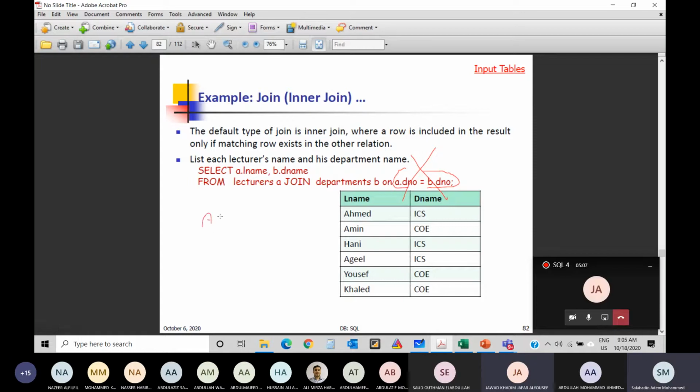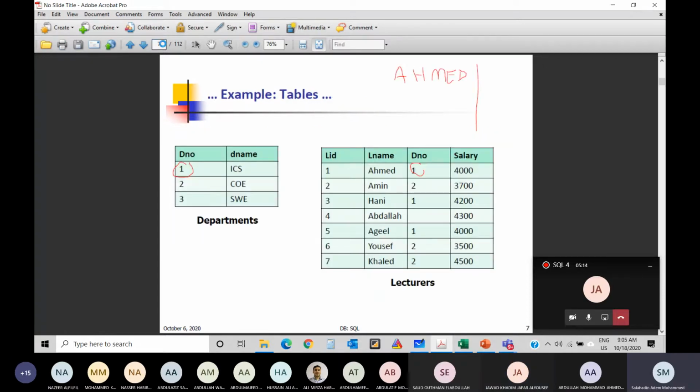I will have Ahmed. So let me take you back to this table. This is going to be my output. My output will be the following. Let me just clean this. It will be Ahmed ICS, Ahmed COE, Ahmed SWE. Amin ICS, Amin COE, Amin SWE. So how many rows will I have?